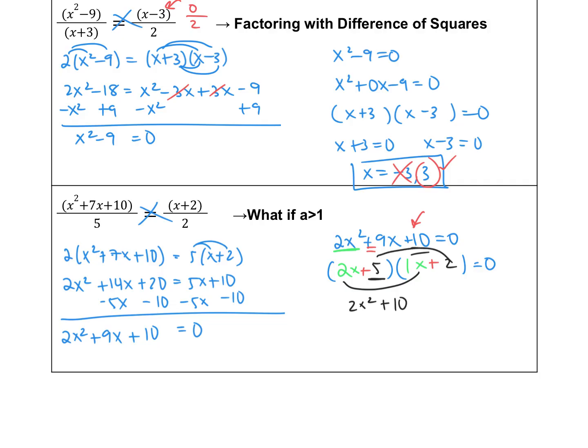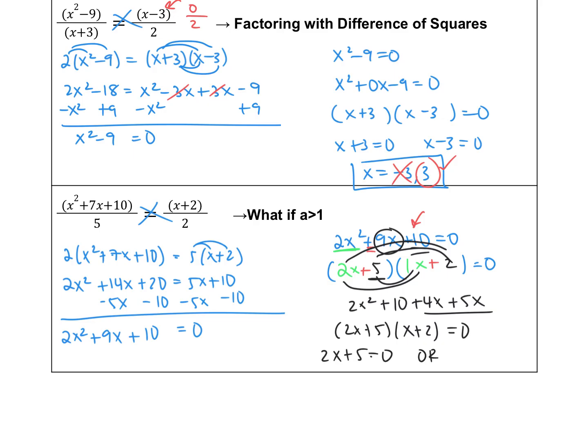That's good. This way we get a 4x. And here we get a 5x. So that is, in fact, the 9x that we wanted. So I'm just going to rewrite. So we get 2x add 5, x add 2 equals 0. So either 2x add 5 has to equal 0, or x plus 2 has to equal 0.